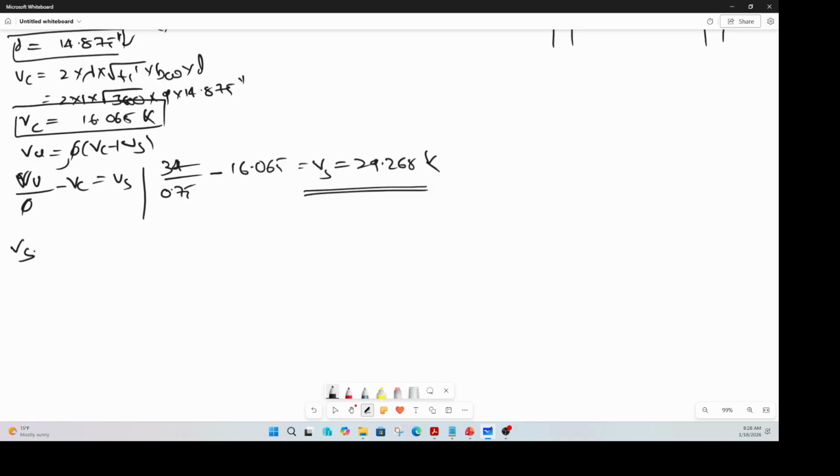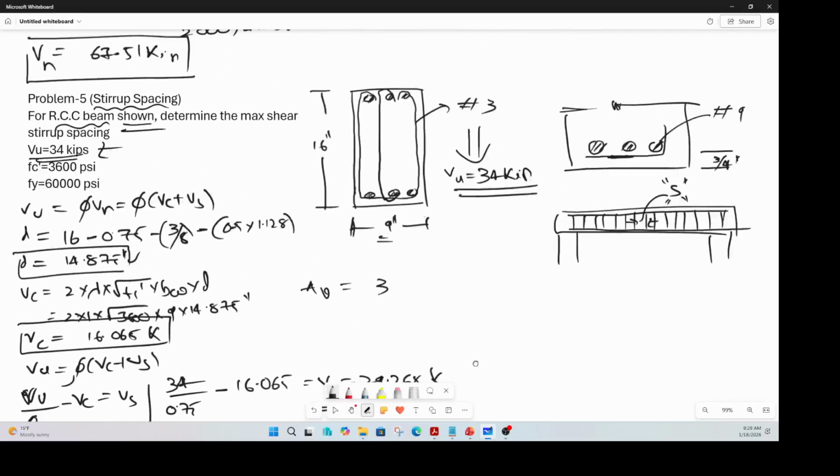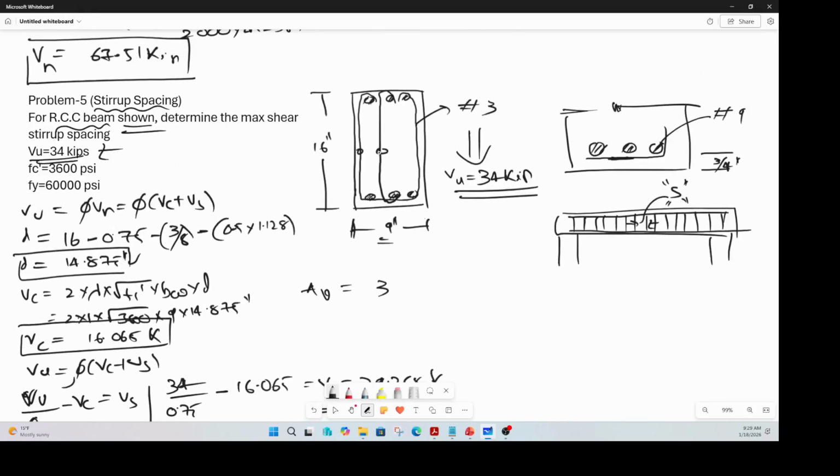What is Vs? Vs is 29.268 kips, which is times 10 cube pounds. This is nothing but area of the shear reinforcement, fy, and d over s. So again, 29.268 times 10 cube, right? What is the area of shear reinforcement? We have 3 legs here cutting, 1 2 3.